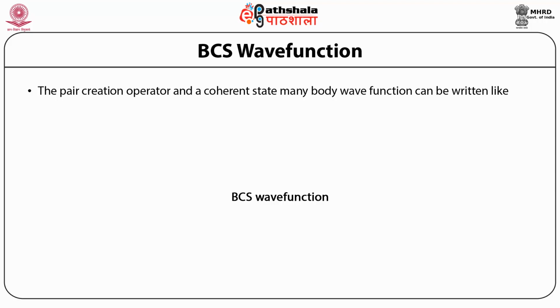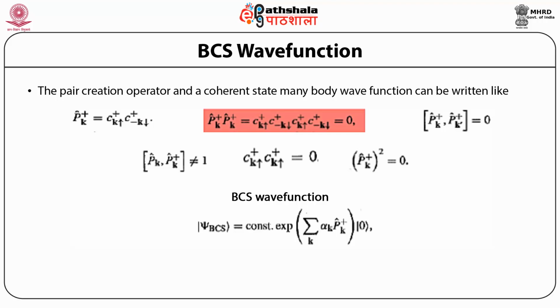So, we introduce this operator pk dagger is equal to ck up spin dagger c minus k down spin dagger. In a similar manner, when we multiply pk dagger into pk dagger, it becomes 0. You can try out actually doing this, to see why it is 0.